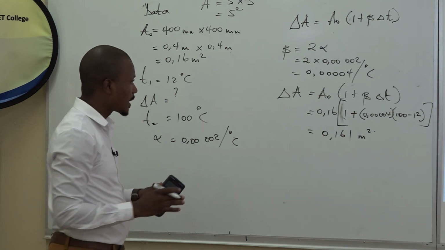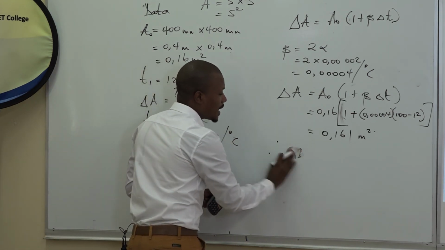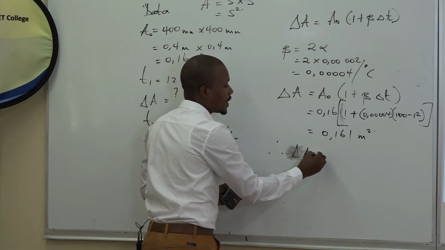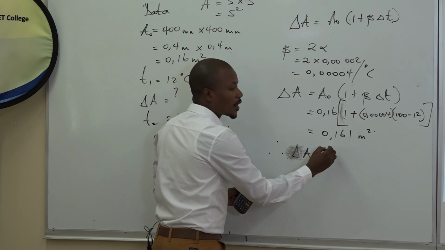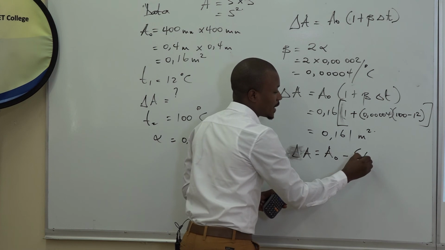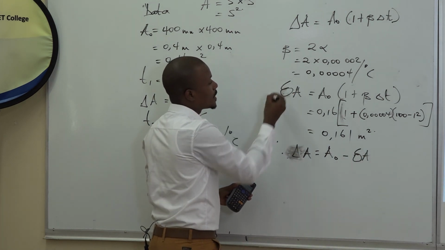What is the change exactly? Now, we find the exact change of the area. The exact change of the area should be the superficial area minus the original area.